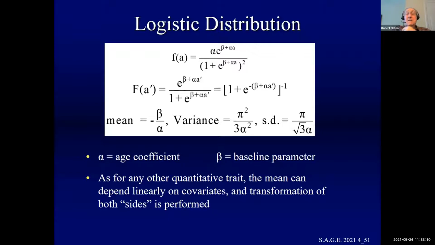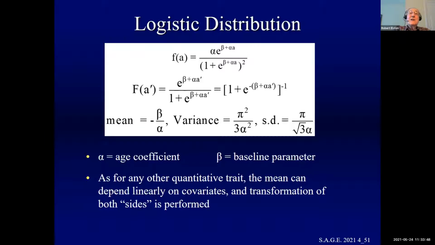I think if you had only a logistic, if you only had affected, unaffected, no age of onset, it turns out that you do not have to worry about transformation.